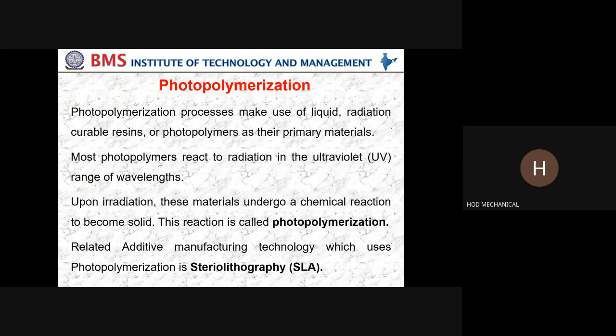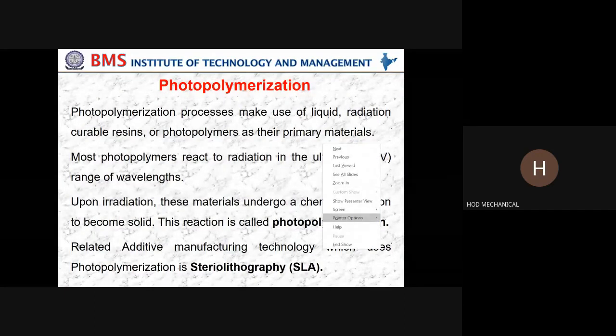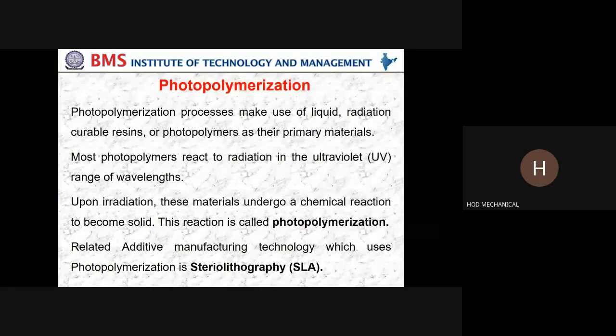Please remember, this is the basic fundamental of photopolymerization. Whenever ultraviolet rays fall on a photopolymer material, a chemical reaction takes place which converts the liquid resin into a solid, and this reaction is called photopolymerization. Please observe this word very carefully, because the whole technique is based on this.